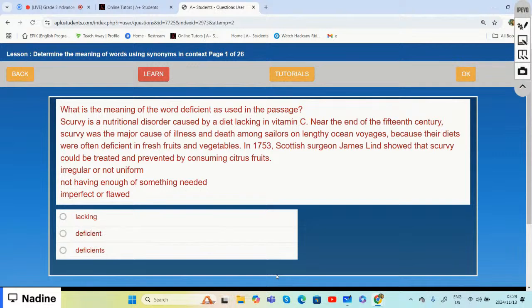If we were to find the word that is the same or almost the same as deficient, then it is lacking, because it's not having enough of something. If you're not having enough of something, then you are lacking something. And they specifically say that they are lacking citrus fruits.